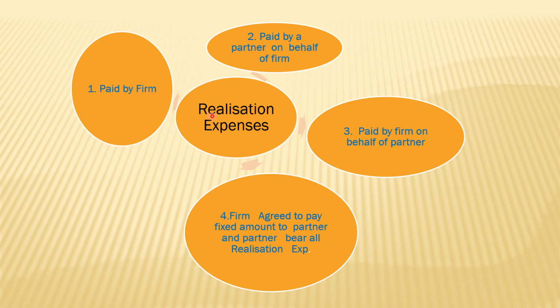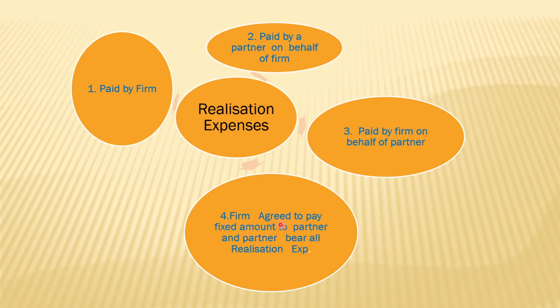Summarizing: First situation, paid by the firm, so realization to bank. Second situation, paid by a particular partner, so realization account debit to partner's capital. Third situation, firm paid on behalf of partner, so partner's capital to cash or bank account. Fourth situation, under agreement, the entry will be similar to the second, but we have to see what the agreement amount is.